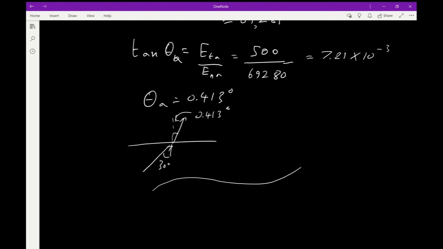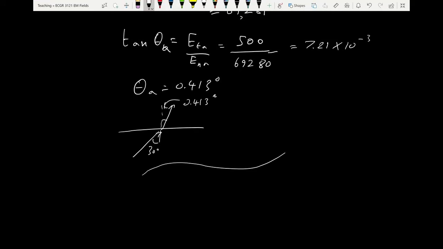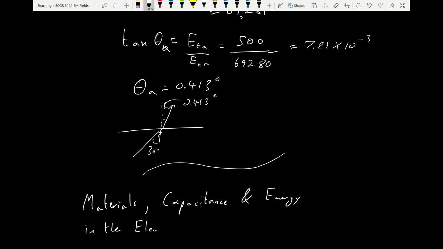All right, and this is the example. Okay, this concludes the recitation for today. In the next recitation class, I'll try to solve some more problems on materials, and by then we would have covered the concepts of capacitance and energy in the electrostatic field.